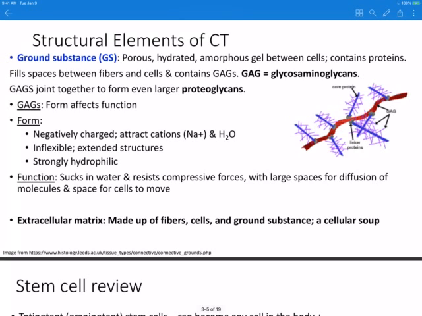In fact, there is something called ground substance, which is between the cells and the protein fibers. Now, the amount of this ground substance and the structure of each component within the connective tissue closely correlates to the tissue function. So we know that form dictates function, or structure dictates function.